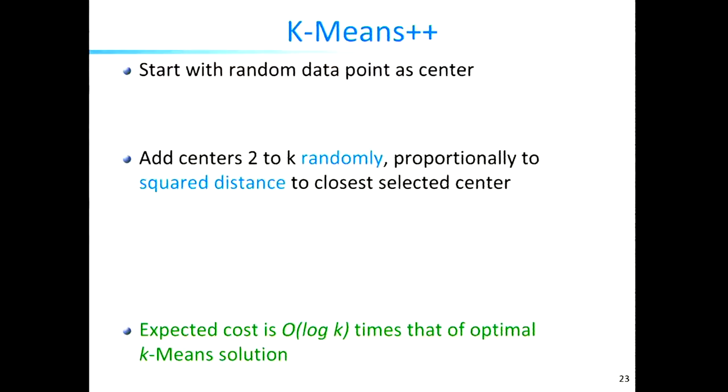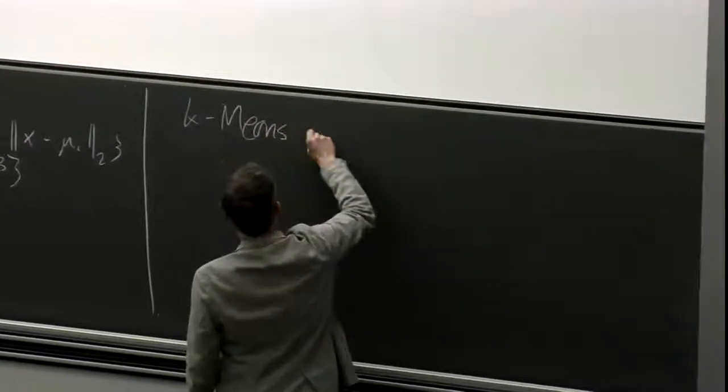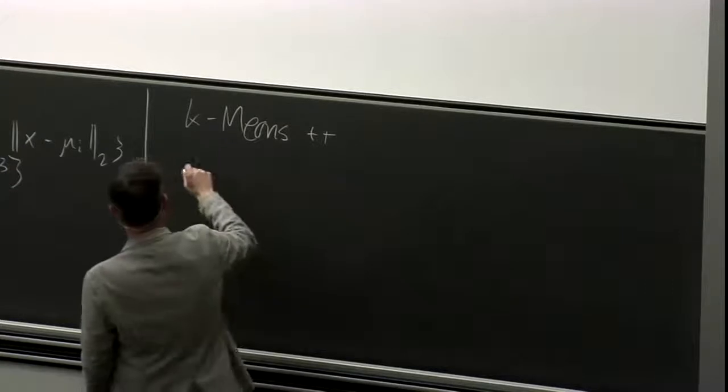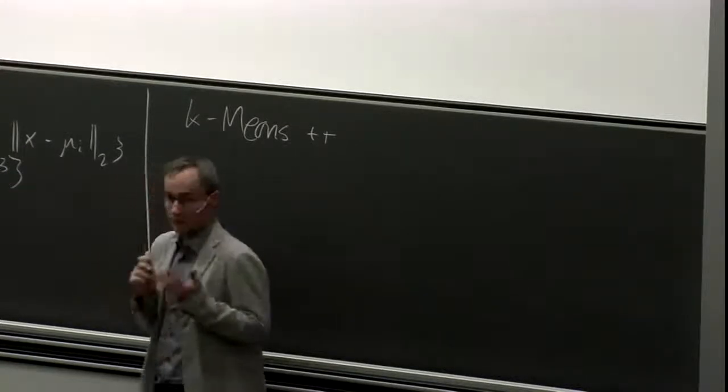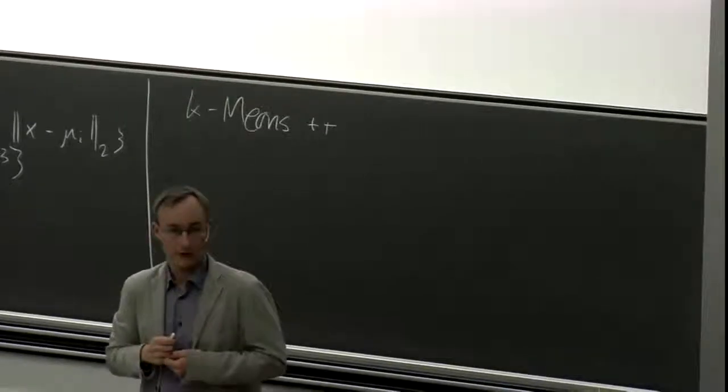Okay, so now what does k-means++ do? So the algorithm works as follows. What you're going to do is initially, we pick the first data point uniformly at random from your data points.